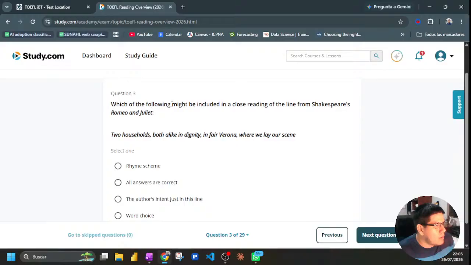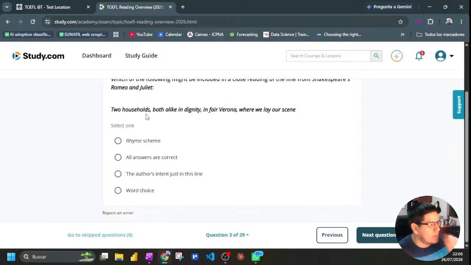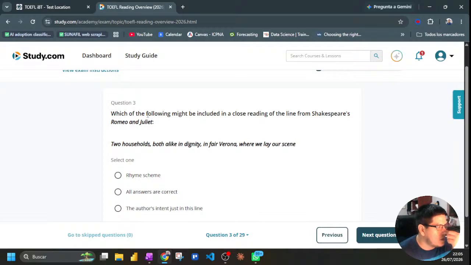Which of the following might be included in a close reading of the line from Shakespeare's Romeo and Juliet? There is a rhyme scheme. The author's intent just in this line, word choice, details might be included in a close reading.